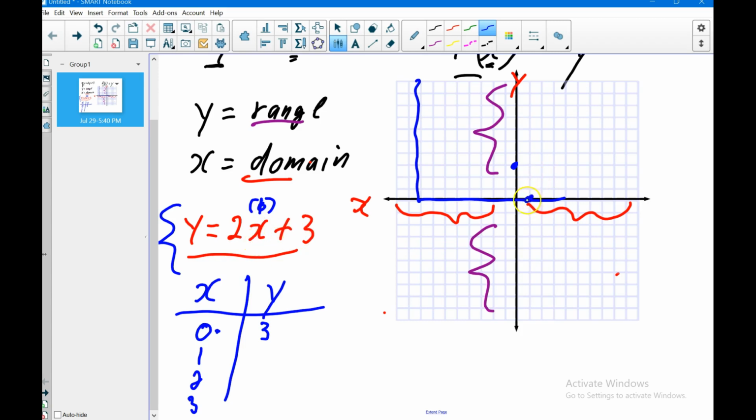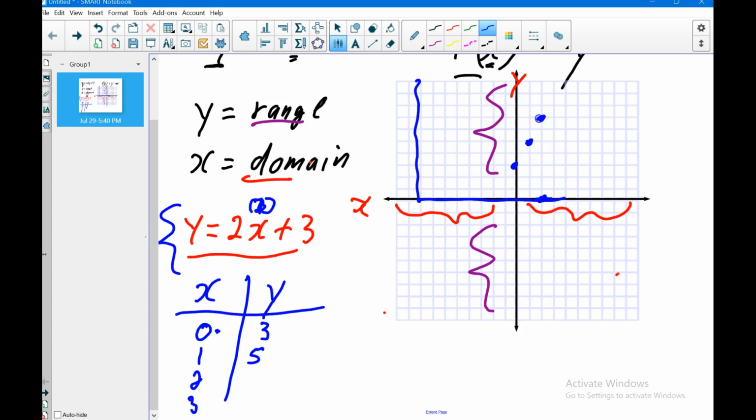The corresponding dot goes to 5. 1, 2, 3, 4, 5. See what I mean? It's 5. Move one more time. Now x is 2, so 2 times 2 is 4, plus 3 gives me a 7. 1, 2, 3, 4, 5, 6, 7.